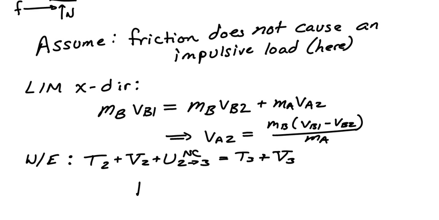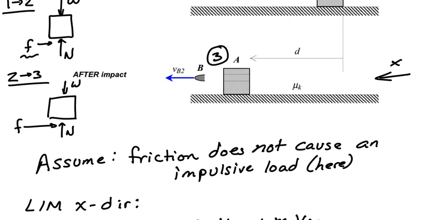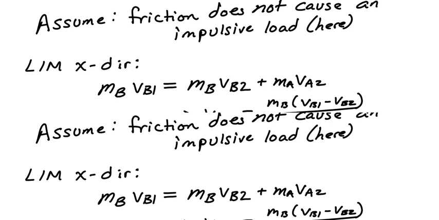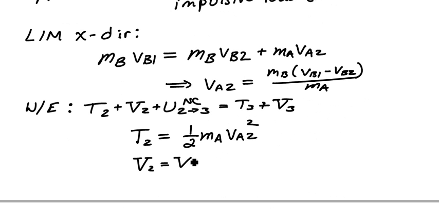T2 is the kinetic energy of the block post-impact, which is 1/2 times the mass of the block times va2 squared. I can define a datum through the center of mass of all of these objects, and so V2 equals V3 equals 0.